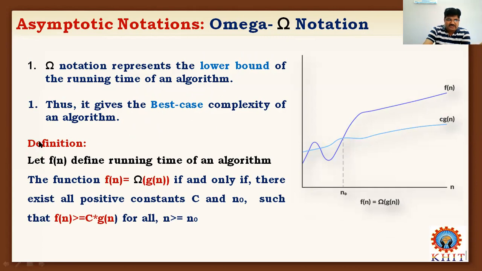Coming to the definition of omega notation, in the given graph there is a function f of n and another function g of n, and c and n naught are constant values.